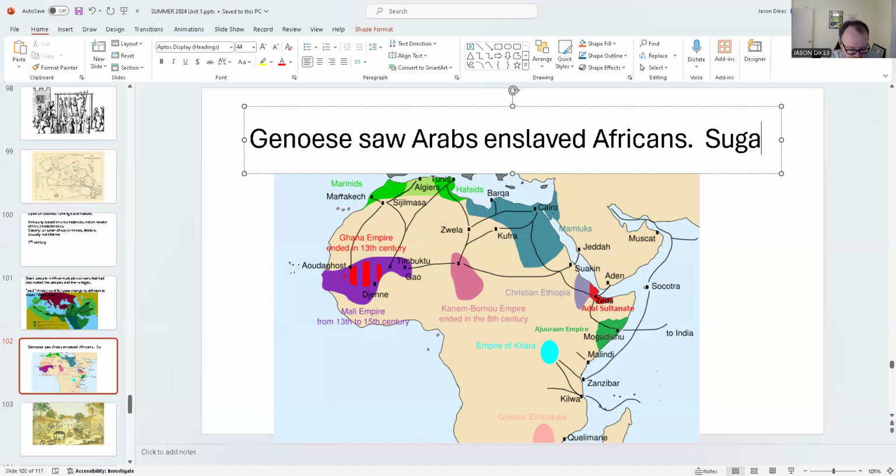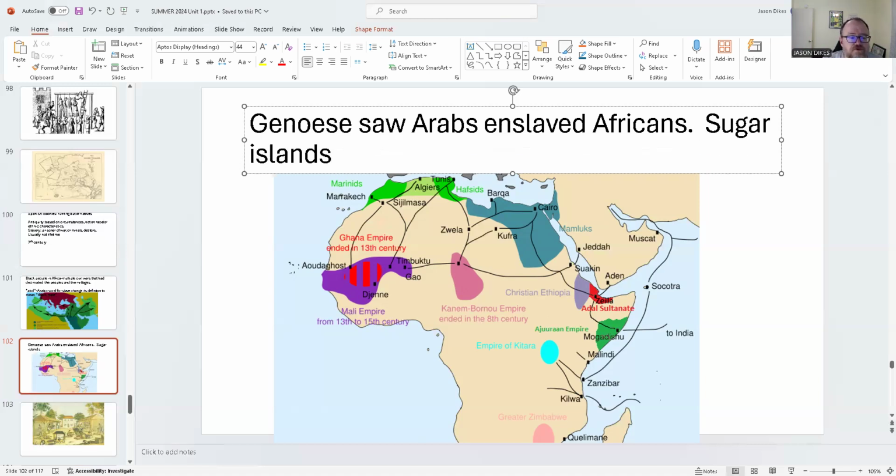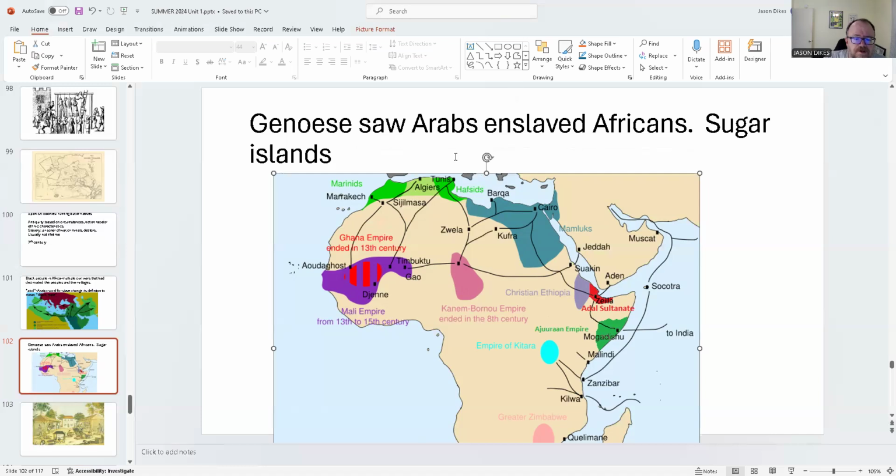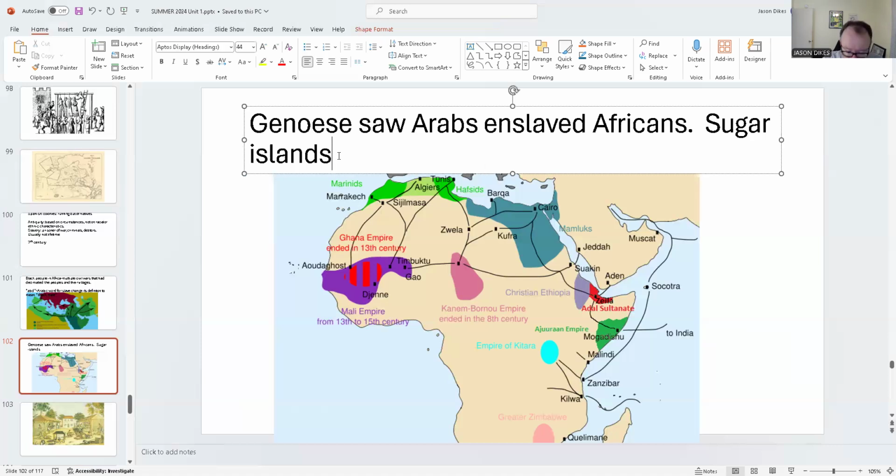Mainly for the sugar islands that the Genoese had in the Caribbean. So Genoa is now part of Italy, if you're wondering who are these people. But they were the first ones because of their trade contact with North Africa. They ran across the enslavement of Africans, took the idea there.